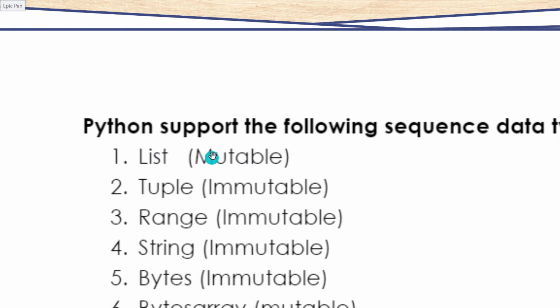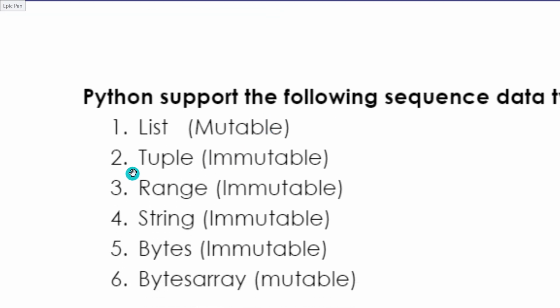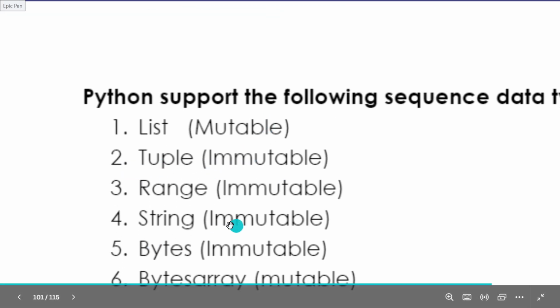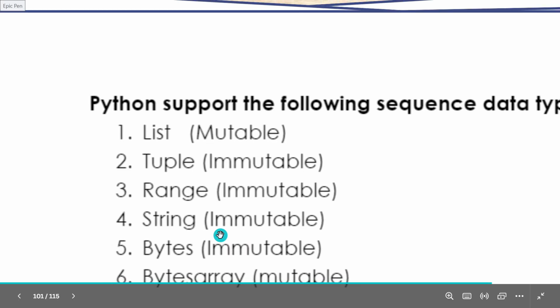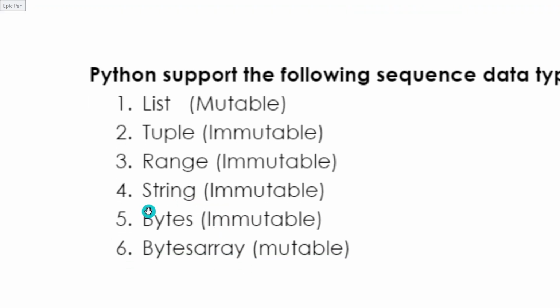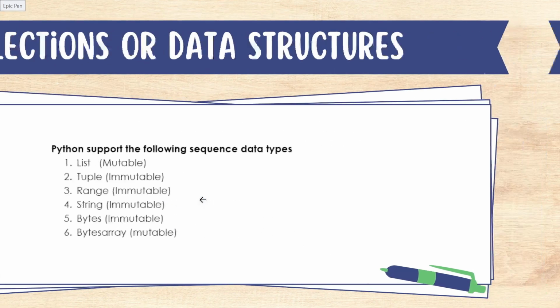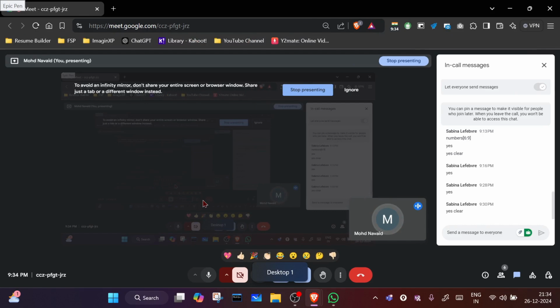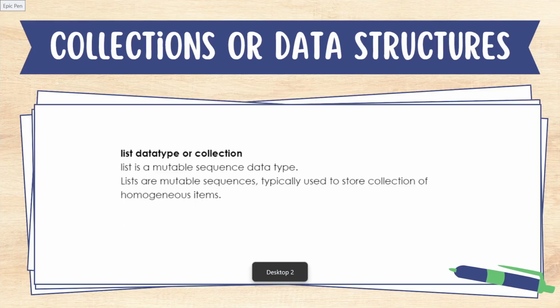So between you and your parents there is a mutable relation. Whatever you do, your parents are affected. Immutable, like a string, is the relation between you and relatives. Whatever activities you do, they will not be affected. It means the original will not change, right? Are you clear with this example? Okay.